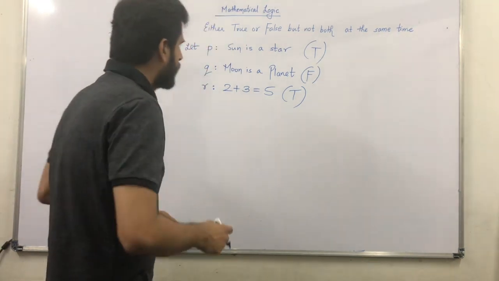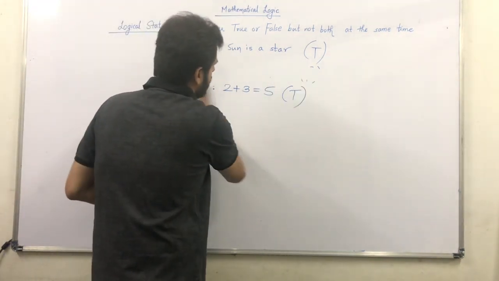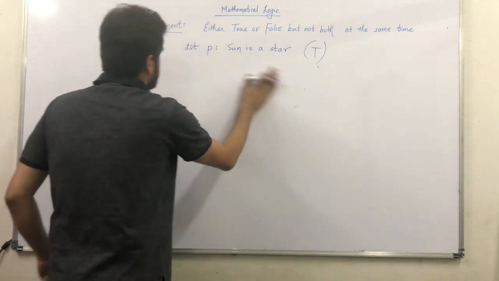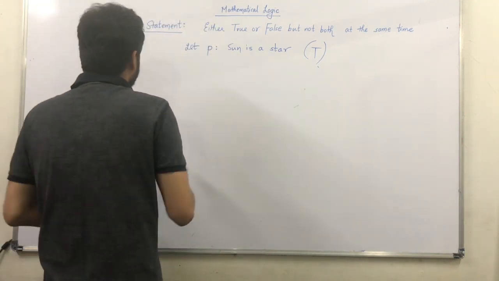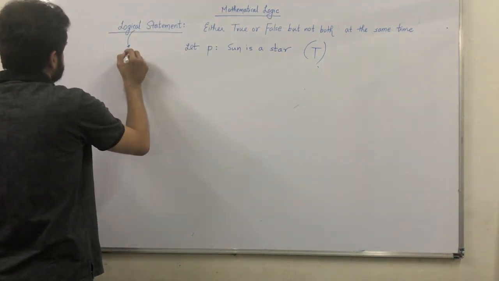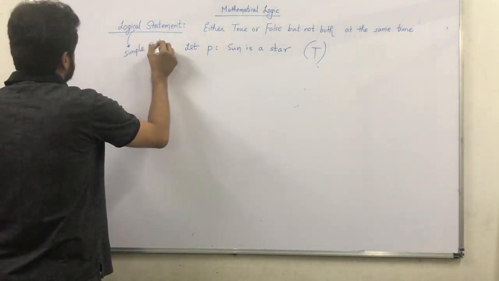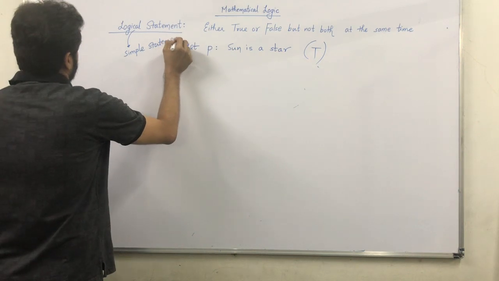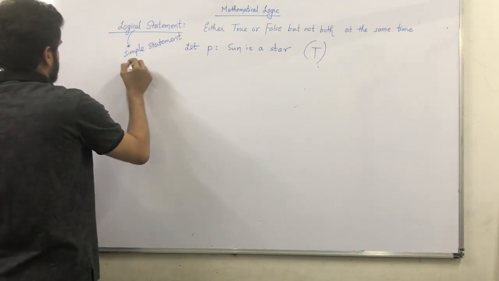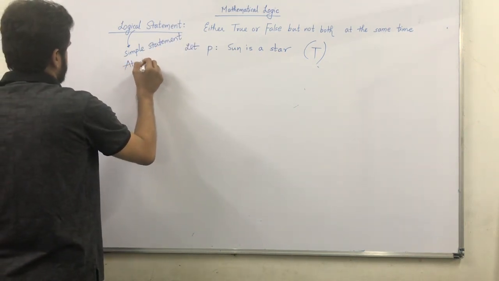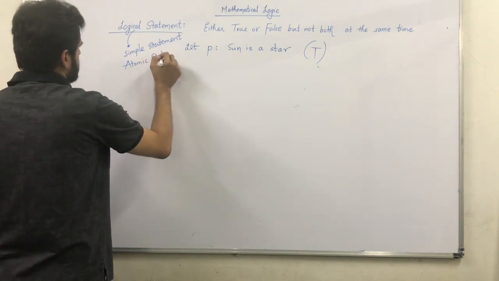Okay, so to keep one example: P, the sun is a star, is a simple statement. These simple statements are also called atomic statements. Atomic statements are the simplest statements which we have.